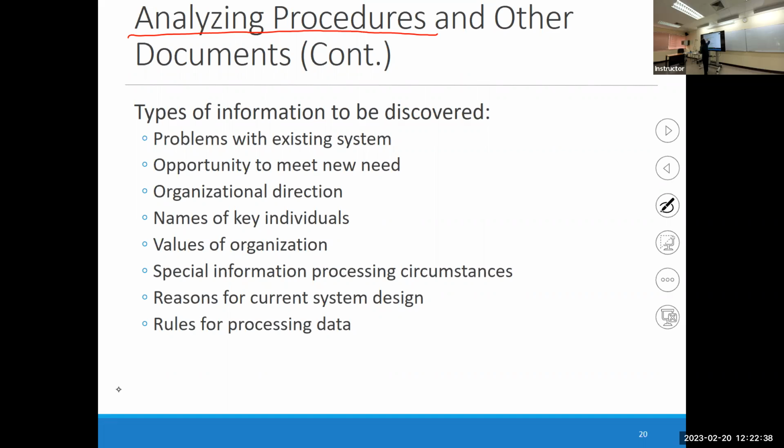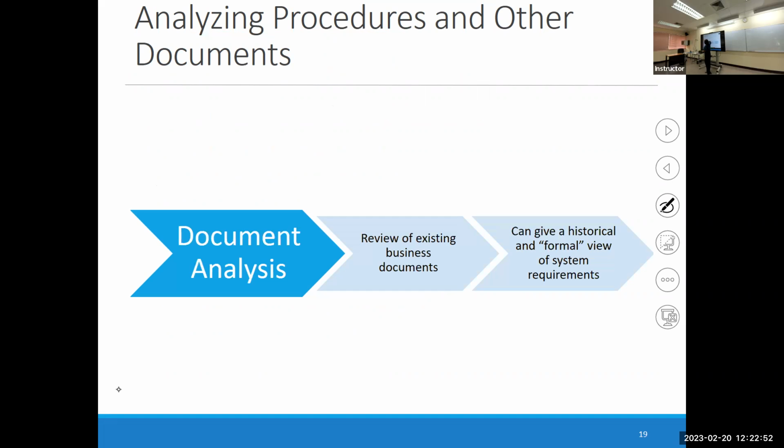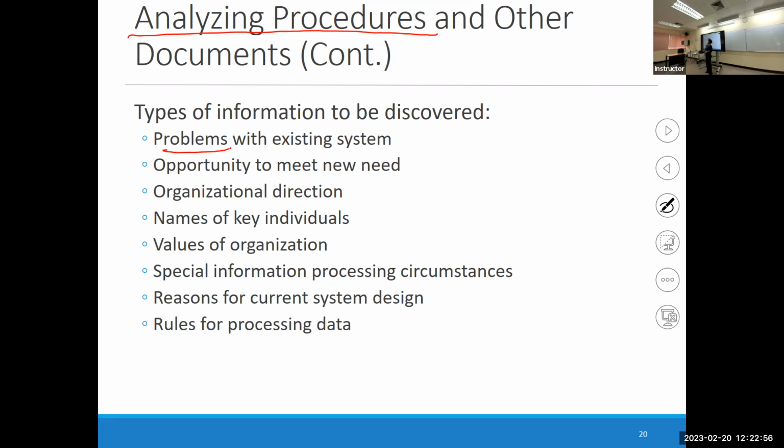And when you analyze the documents, existing system, and so on, these are the things you should try to identify. When they do have an existing system, what are the current problems? Why do we need to develop a new one?